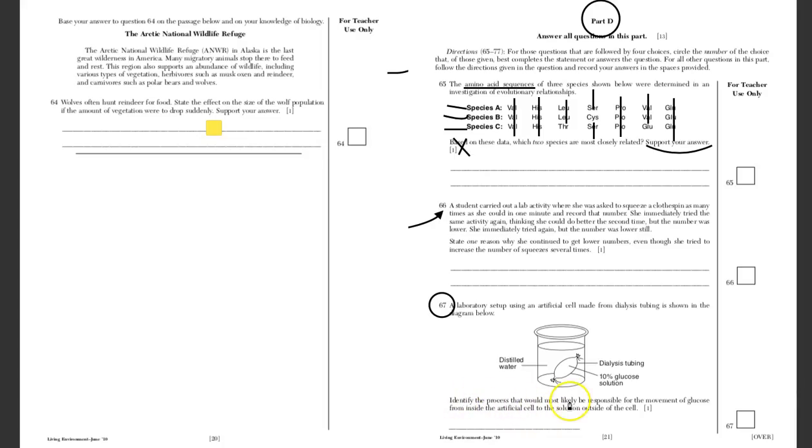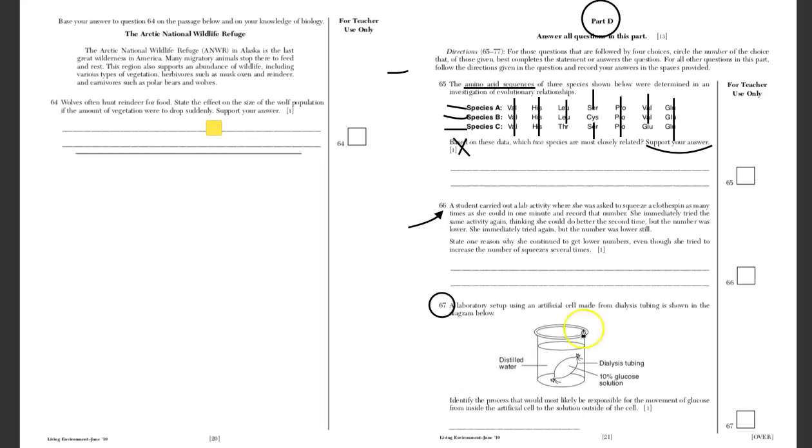Identify the process that would most likely be responsible for the movement of glucose from inside the artificial cell to the solution outside of the cell. This bag is supposed to represent an artificial cell, particularly just the cell membrane, because we're looking at molecules moving in or out.